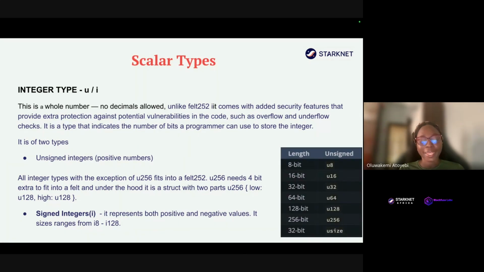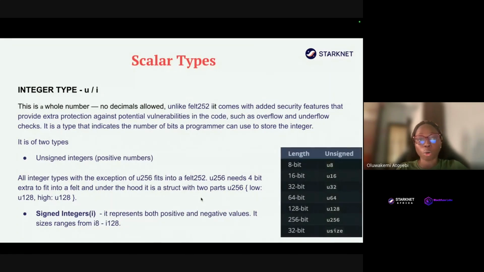So now, I said something about your integer type, the u or the i, having a particular number of bits that it would use. As a programmer, when you are writing your code, you might have an idea of the number of bits you want your integer to store.